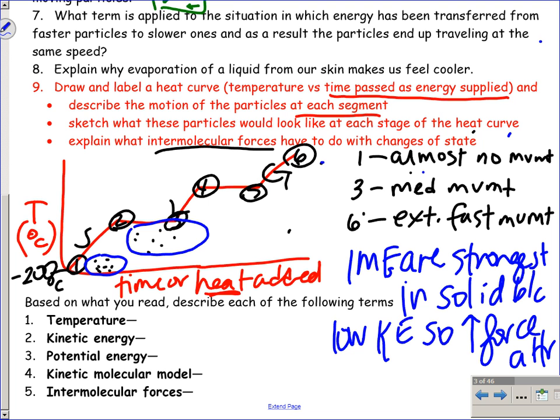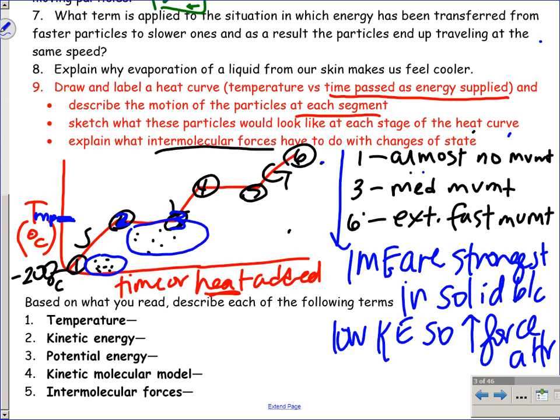And then your IMFs do correlate with kinetic energy and motion here. Yes, ma'am. So point number 3 is actually the melting point. So 2 and 3 are the actual melting point, as in the temperature melting point of the solid, right? So 2 and 3 are at the same temperature.